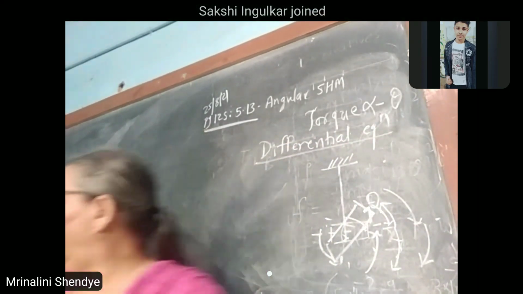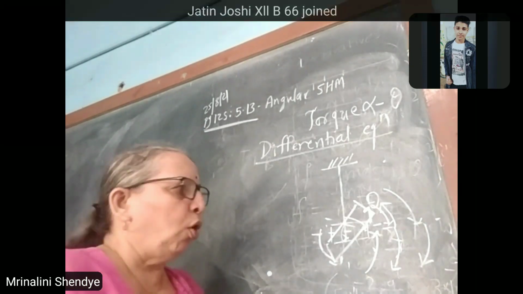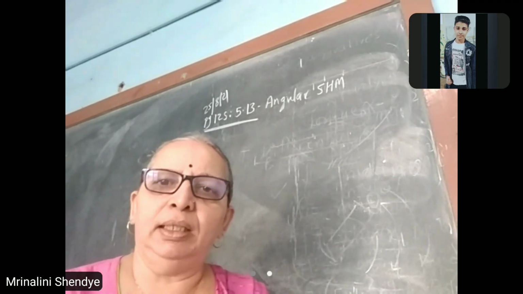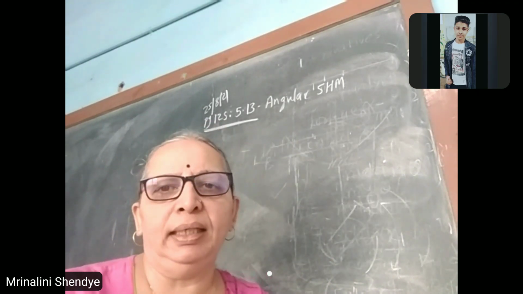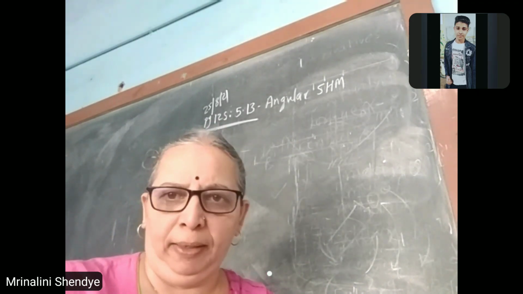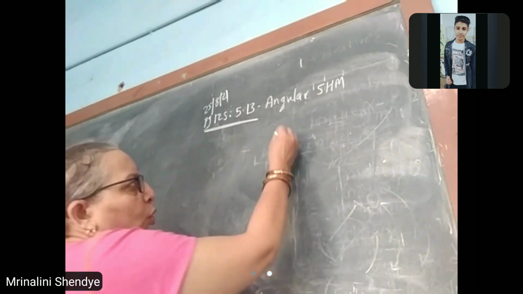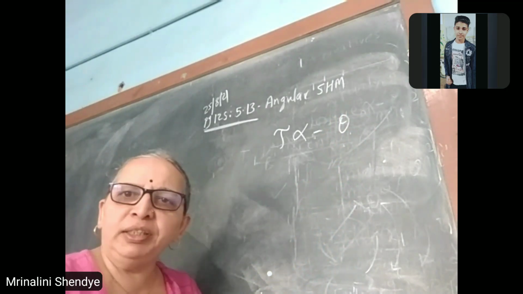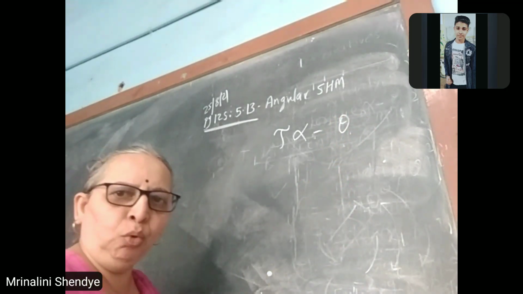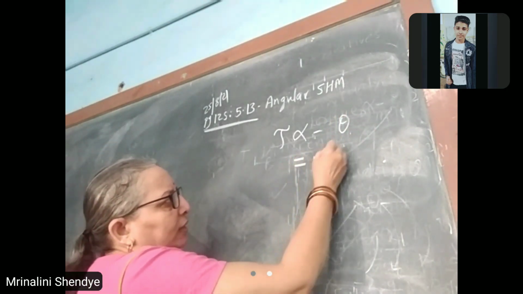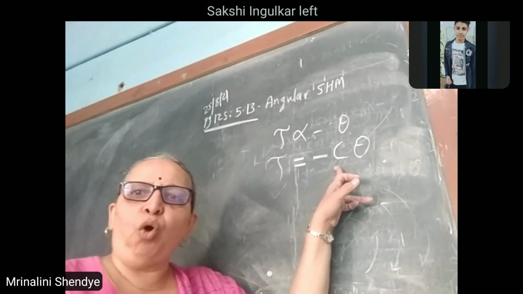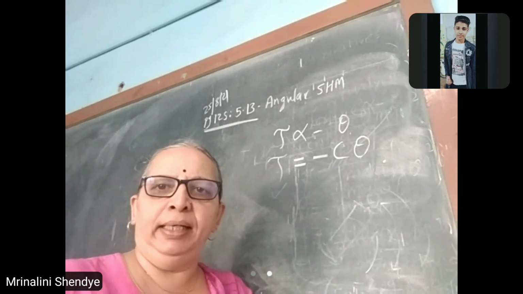So in angular SHM, the torque produced is of restoring type and has direction always opposite to the direction of angular displacement. So we can write torque proportional to minus theta. If you omit the proportionality sign, you can write it as minus c theta, where c is the constant of proportionality.